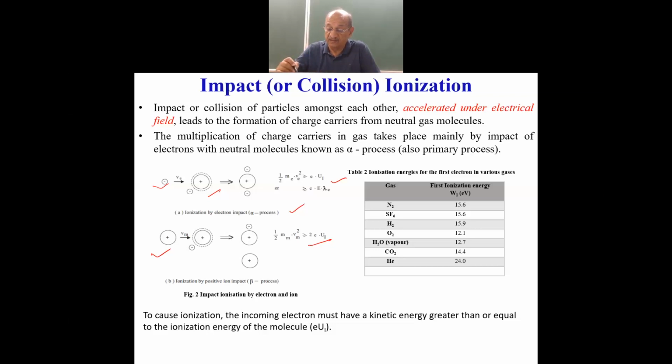The first ionization energy W capital I, in electron volts, for different dielectrics is given here. For nitrogen it is 15.6, and for SF6 also 15.6 electron volts, and these are two gases of more importance to us.